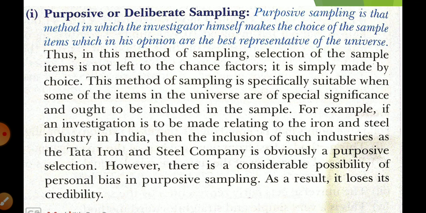So obviously he is going to use deliberate or purposive sampling. Who is going to be selected as a cricketer depends upon the opinion or judgment of the games teacher, because he knows each and every student who is good in games. So this is purposive and deliberate sampling.